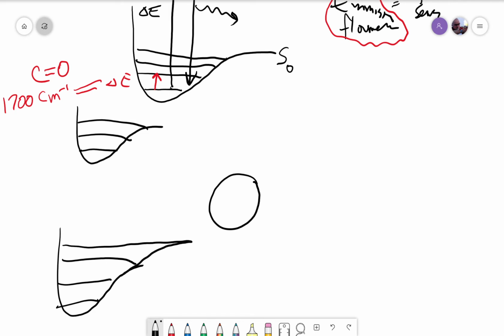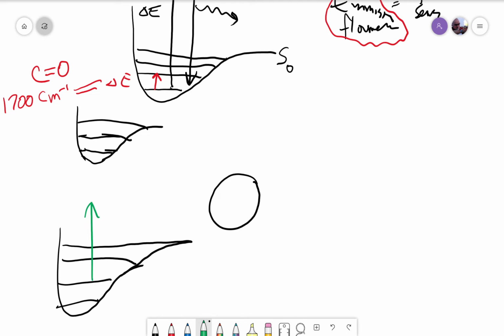If I put this photon in, it is actually resonant with that delta E and can be absorbed. But what happens if I put a photon in which does not have enough energy?